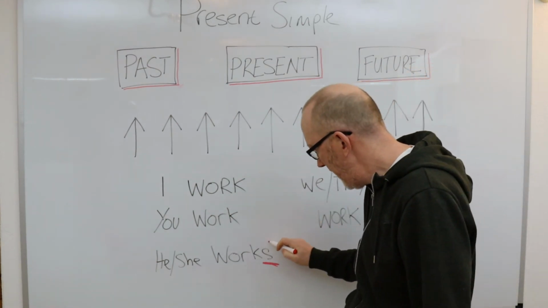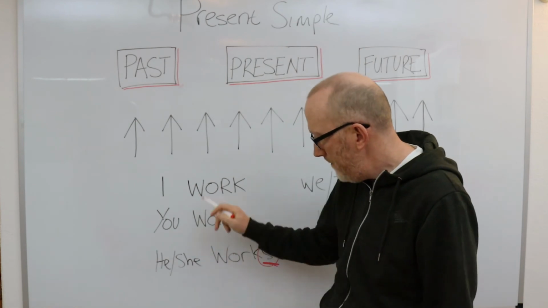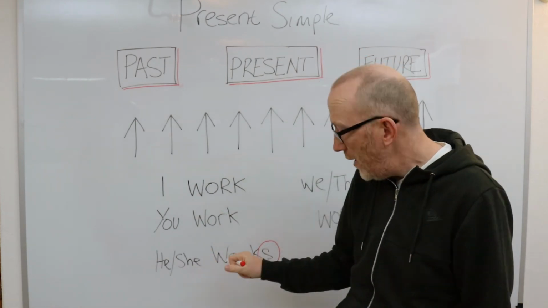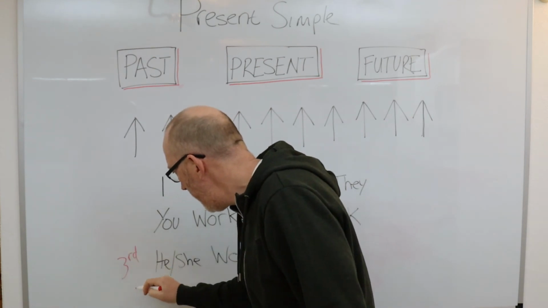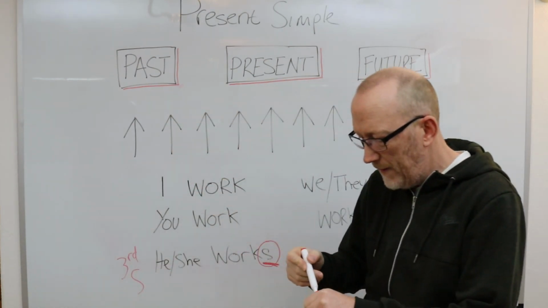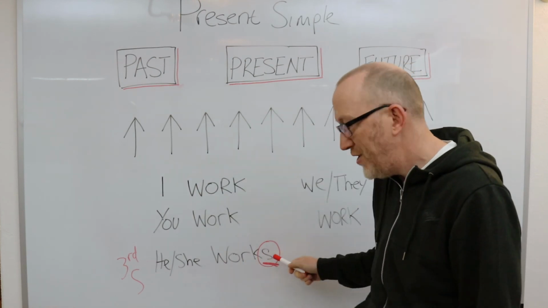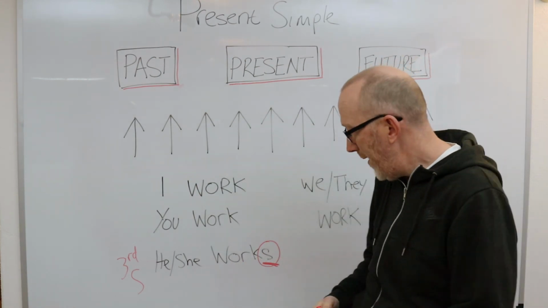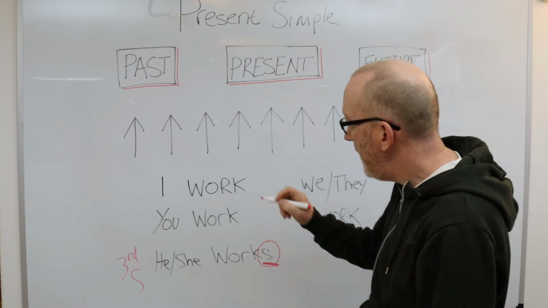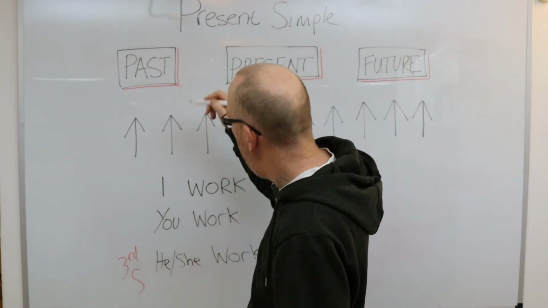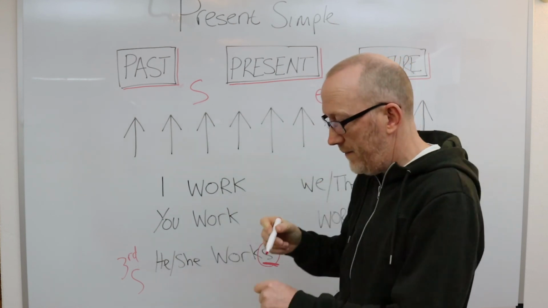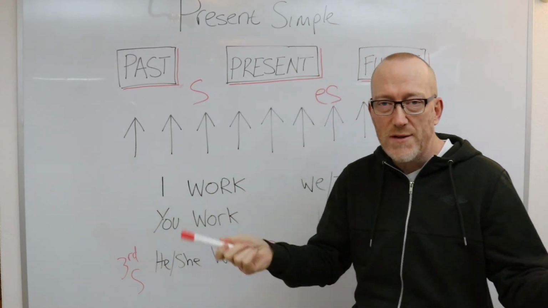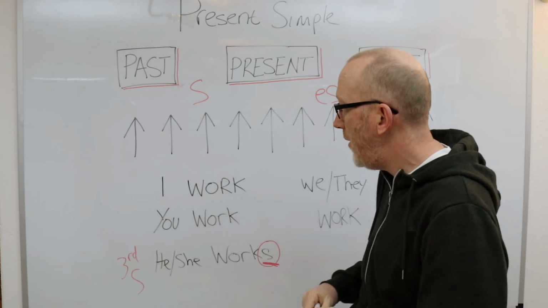Here, in the third person singular, the verb form changes, and we either add the S or we add ES, depending on which verb you're actually referring to.